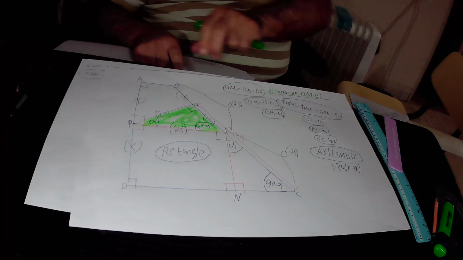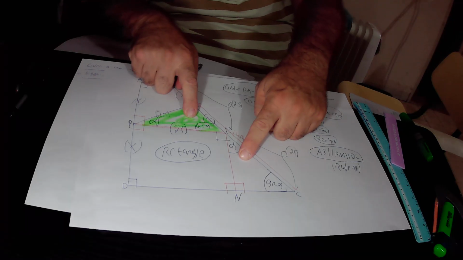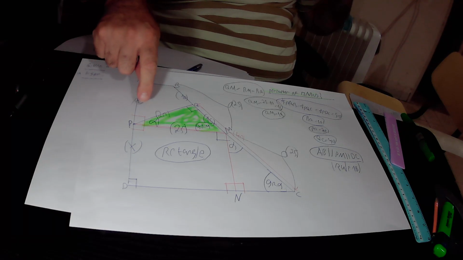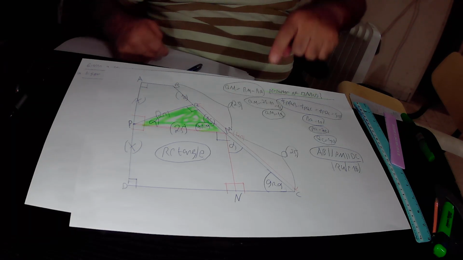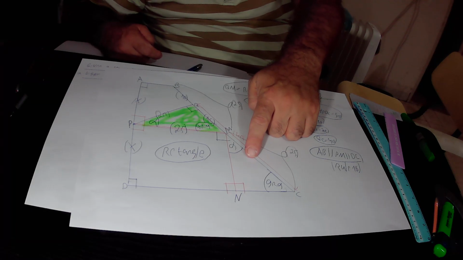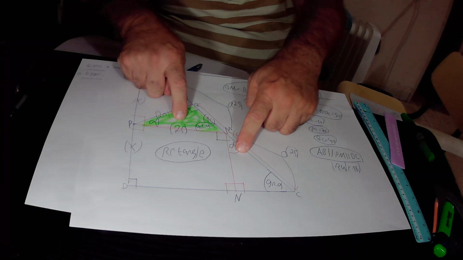In the next step, we will prove that those two right triangles can go into each other according to the angle side angle rule. That is to say, we will prove that this green right triangle PQM can go into this right lower triangle MNC according to the angle side angle rule. So why can those two right triangles go into each other?